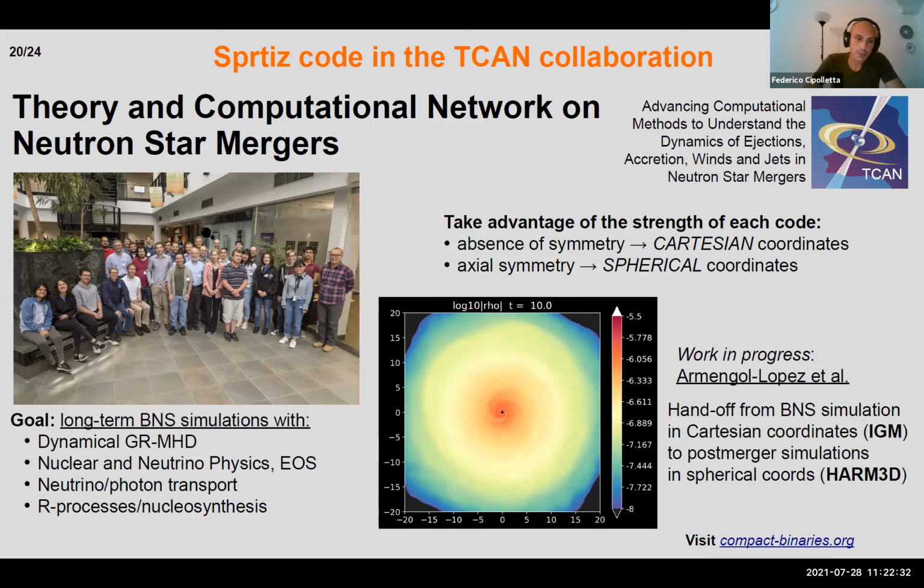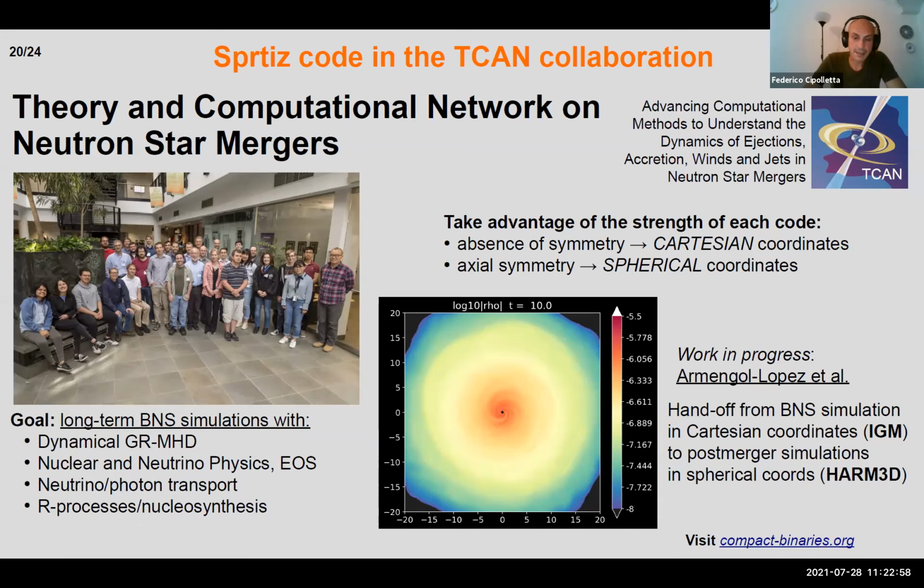With the objectives of considering dynamical GRMHD, nuclear and neutrino physics, so tabulated equation of state, neutrino and photon transport, and r-processes, in order to, at some point, be able to also model r-processes and nucleosynthesis coming out from the simulation.